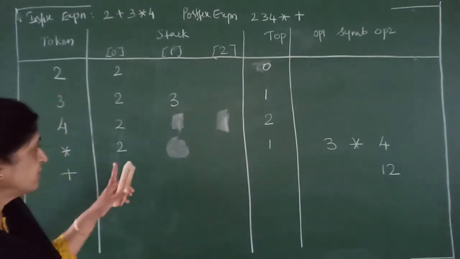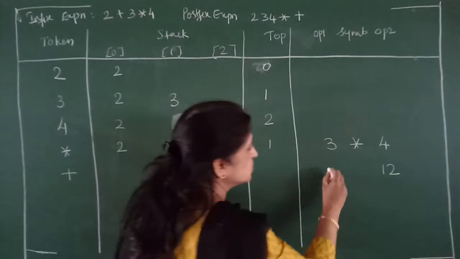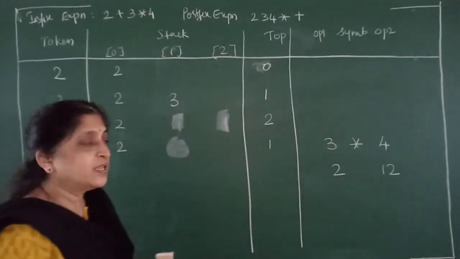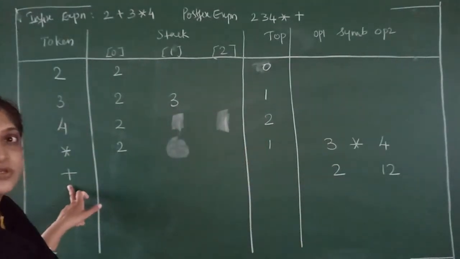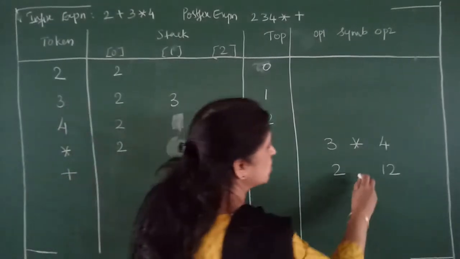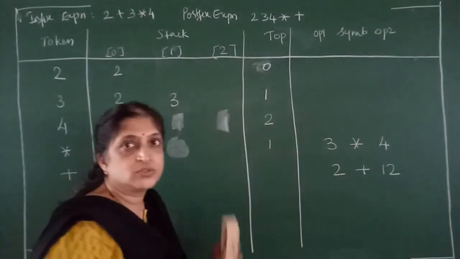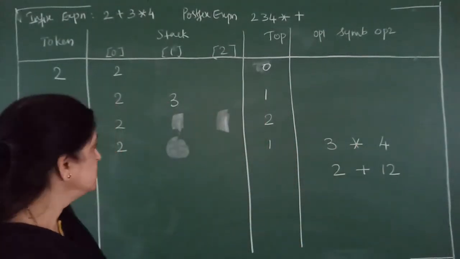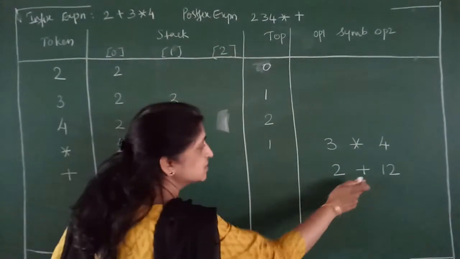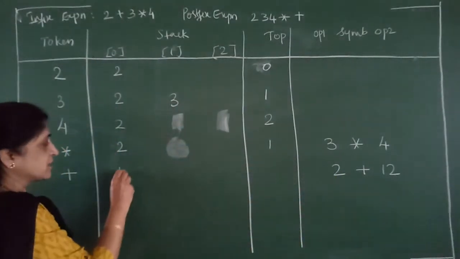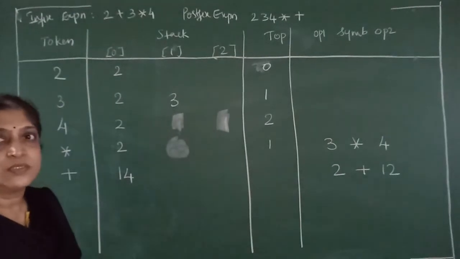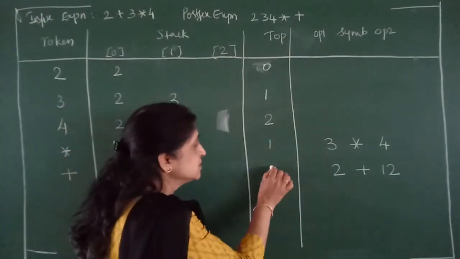Then on top of stack we have to pop this also. So this is 2. Then apply this operation. Plus is the operation. Apply the operation on these two values. So 12 plus 2 is 14. Push this result to stack. And the stack top now is 0.